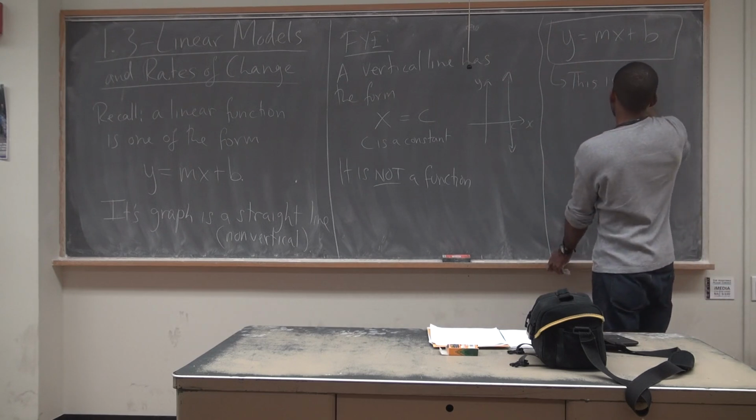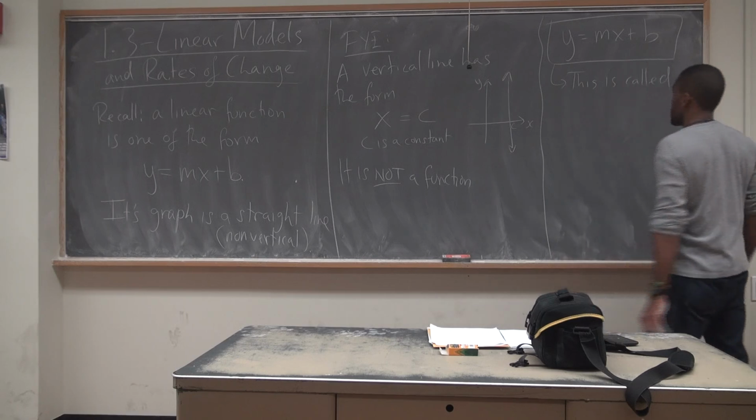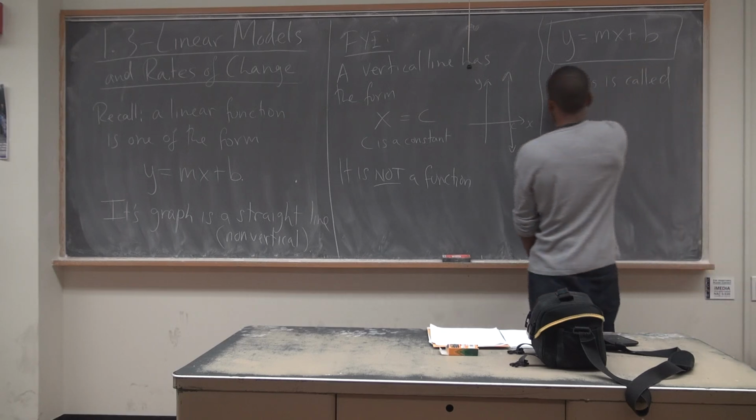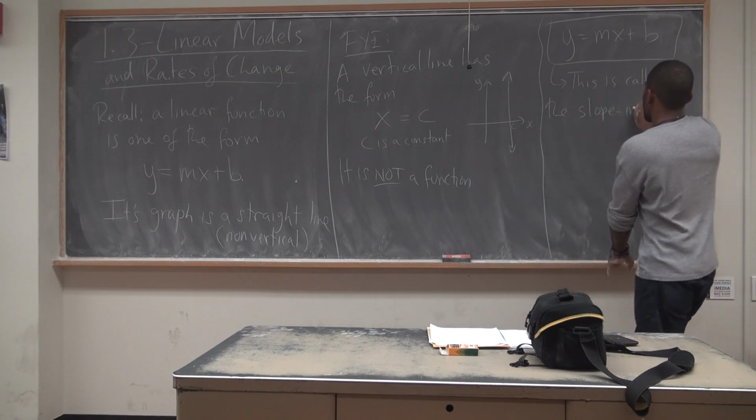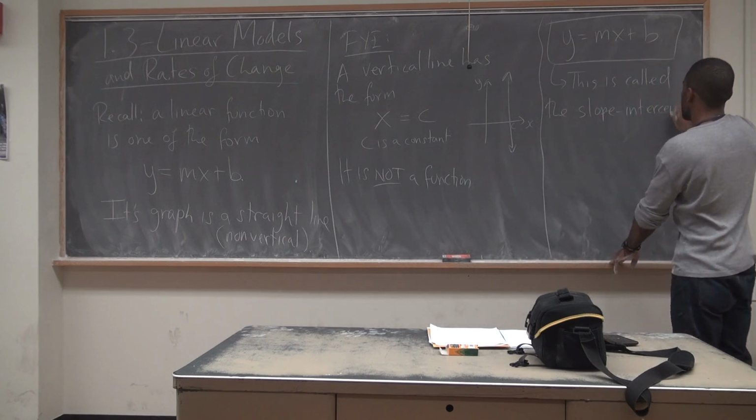This is called, what's the name for this? Anyone remember? It's called the slope-intercept form for the equation of a line.